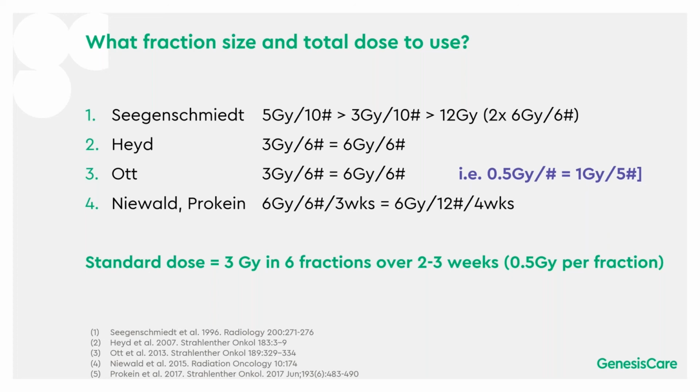Ott also found the same, 3 gray and 6 fractions equivalent to 6 gray and 6 fractions, i.e. 0.5 gray per fraction is equivalent to 1 gray fraction. And Neovolt and Procane found also that if you try to give the same total dose, 6 gray, in 6 fractions or 12 fractions, really they're the same. So therefore, overall from those trials, we can see that the standard dose should be considered to be 3 gray and 6 fractions over 2 to 3 weeks, with each fraction being 0.5 gray.